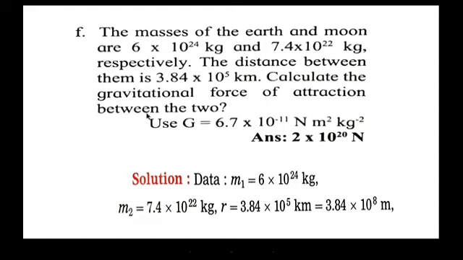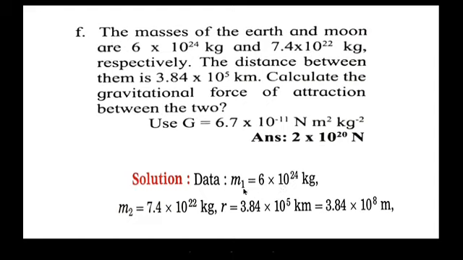In some of the questions it may not be given, so you have to learn the value of G. You should also learn the mass of the earth and the radius of the earth. Now here m1 is given as 6 × 10^24 kg.